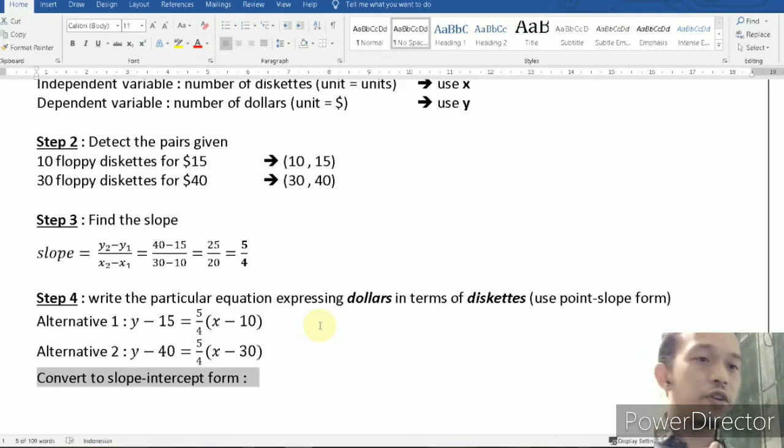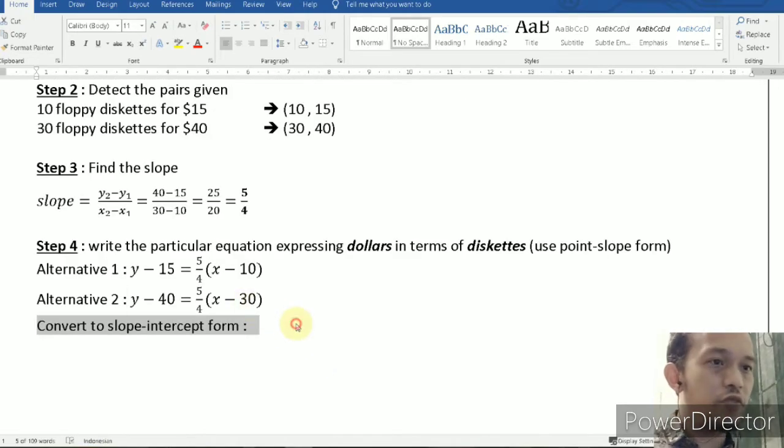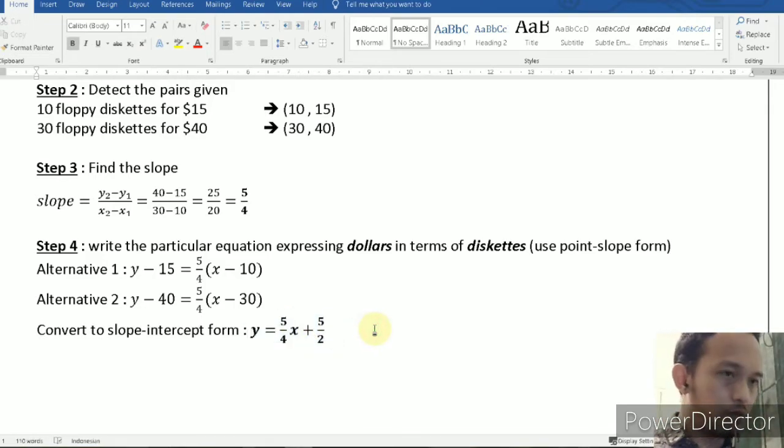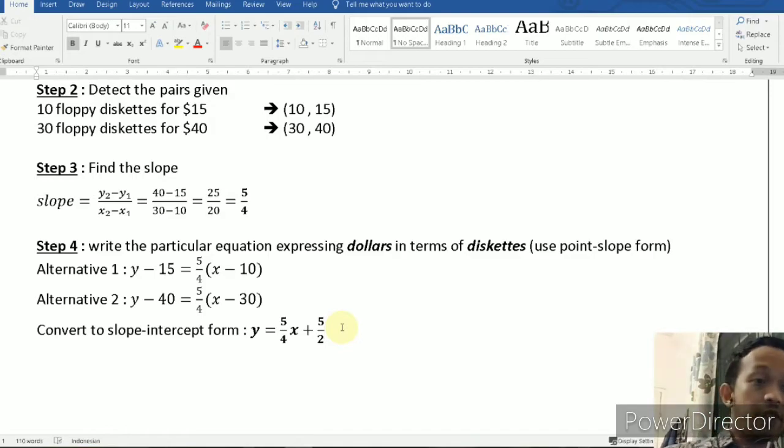So let's convert into slope-intercept form, since it is much easier for us to use from this point. You can use the arithmetic steps, I will just skip that and present the slope-intercept form.